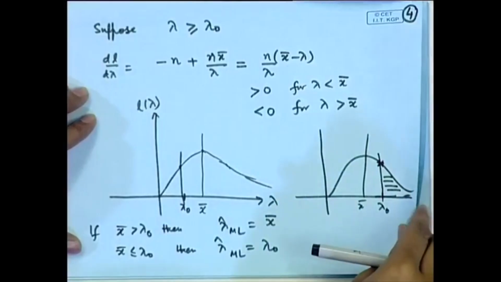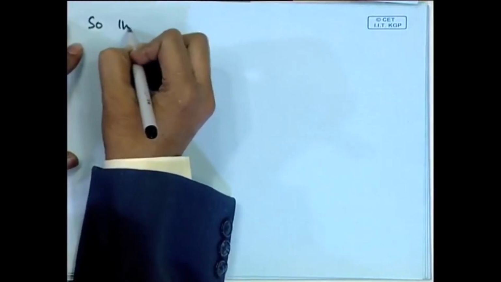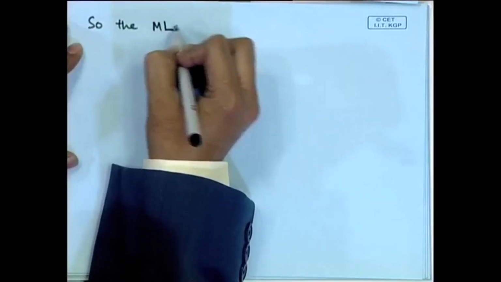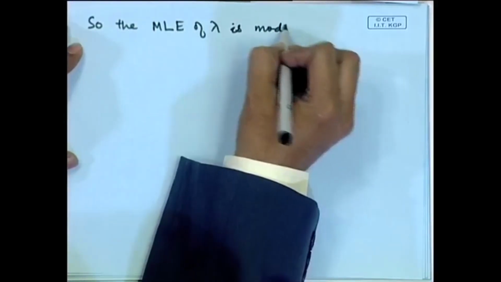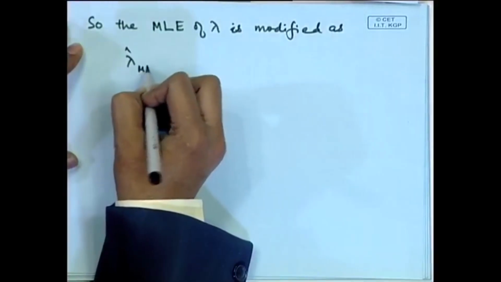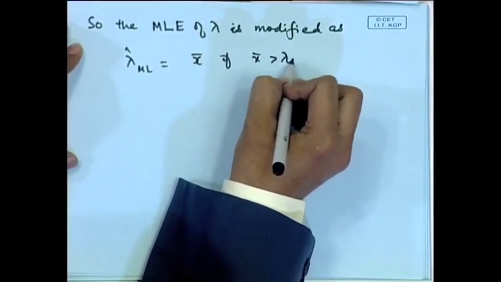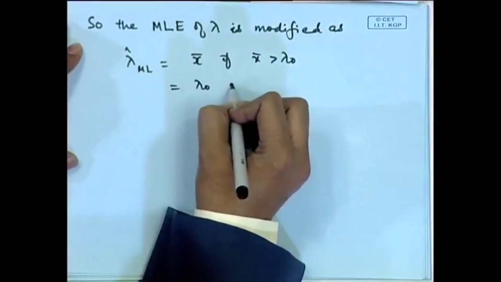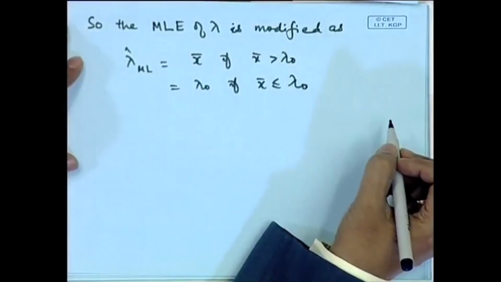So, our estimator is modified. The maximum likelihood estimator of lambda, let me write it as lambda hat ML, is equal to x bar if x bar is greater than lambda naught, and equal to lambda naught if x bar is less than or equal to lambda naught.